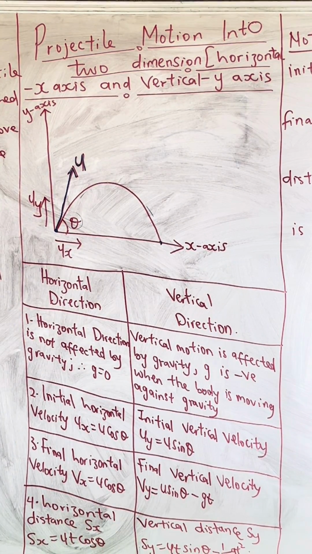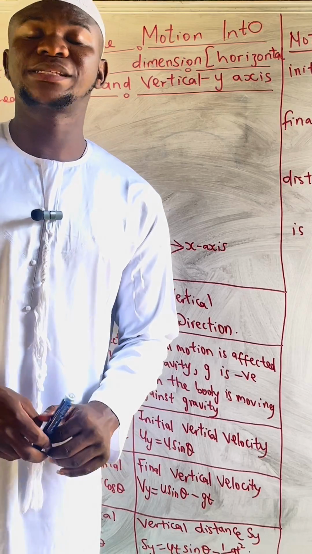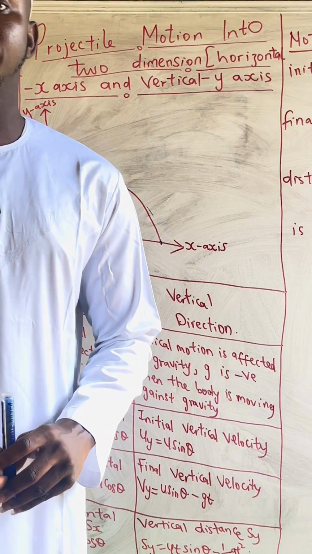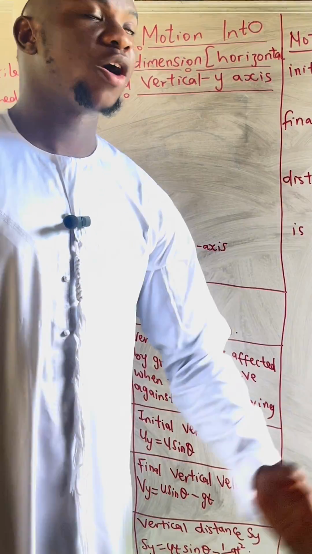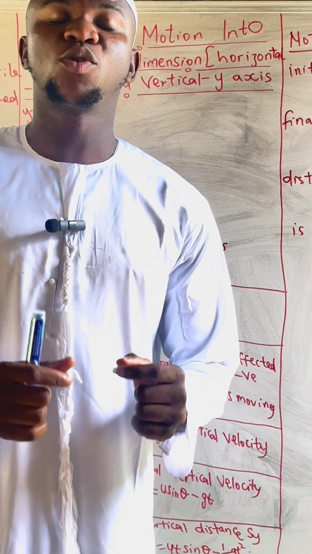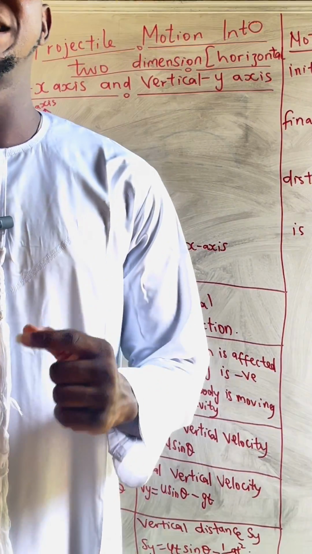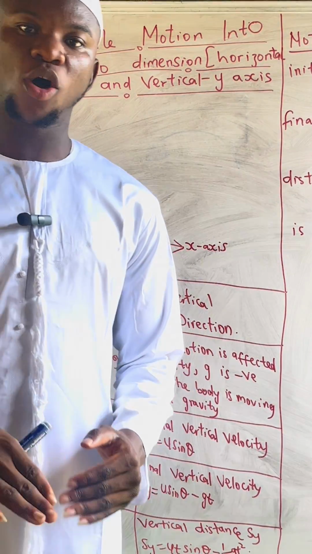Before I move on, do not forget that in the last kinematics video we did, we talked about kinematics in one dimension, which can either be the equation of motion in a straight line or the equation of motion under the influence of gravity, that is, if an object is moving upward vertically or coming downward vertically.